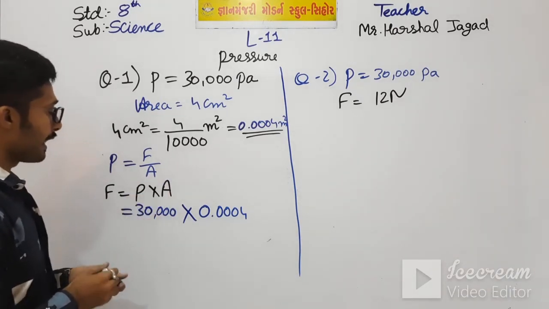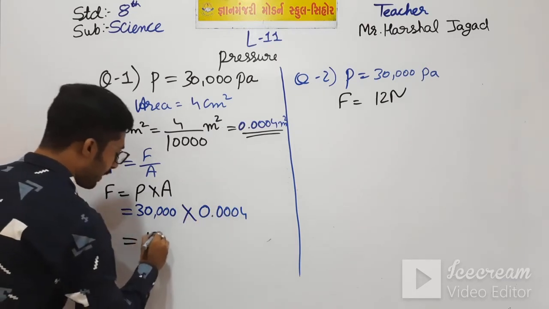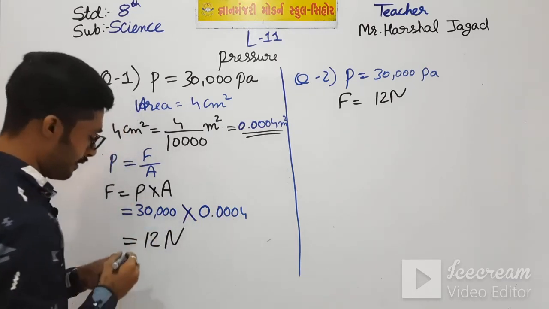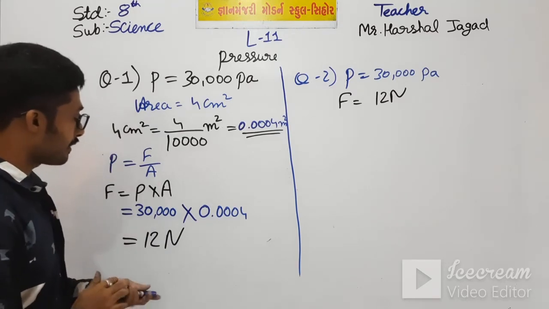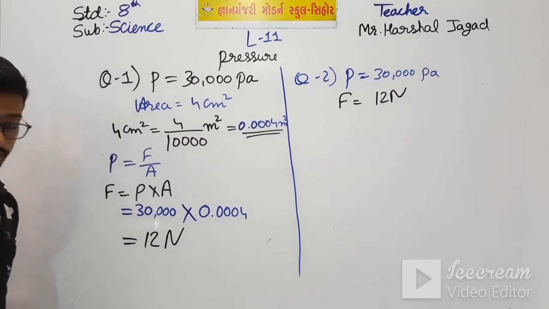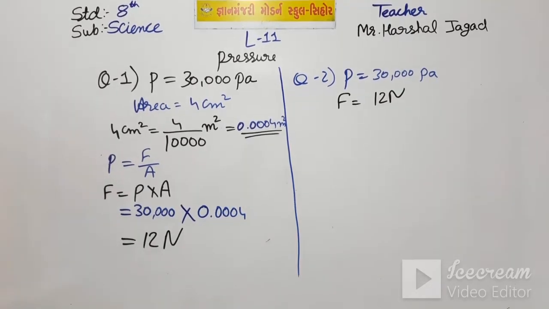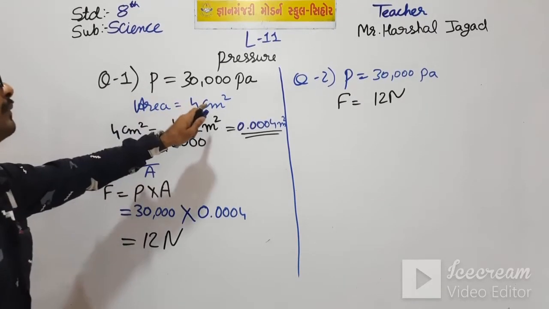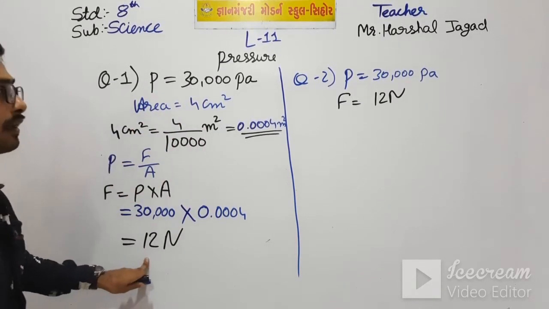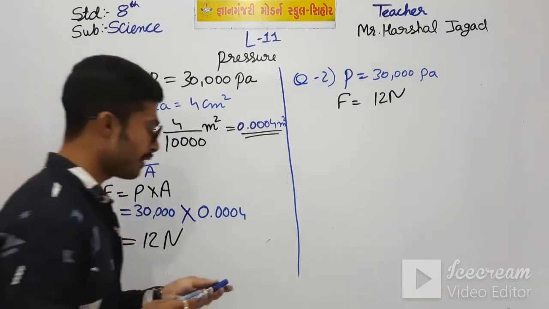So here we will calculate. The answer will be 4 3s are 12 Newton. Okay students, here the answer is 12 Newton. Please note down this example. Have you written this, students? What will be the answer? That is 12 Newton. So this is your question number 1.